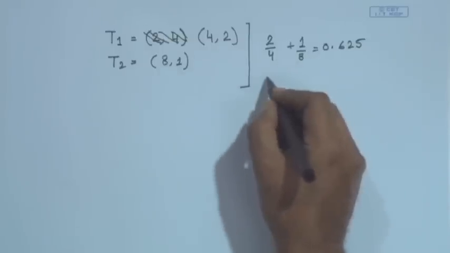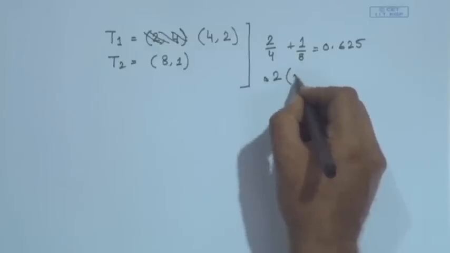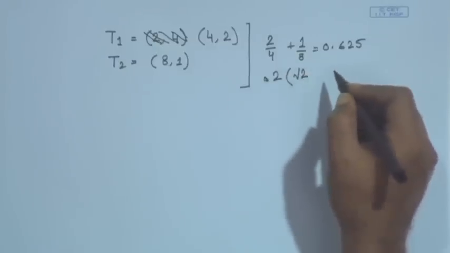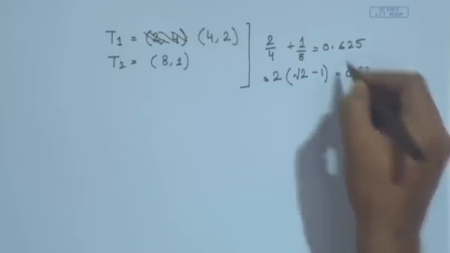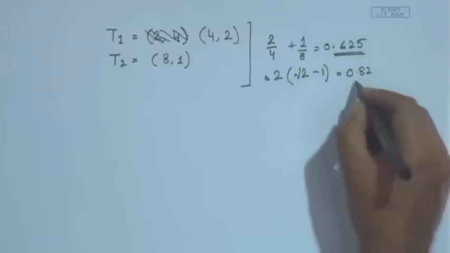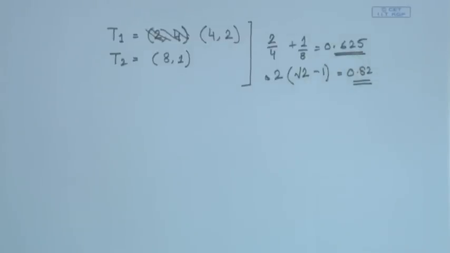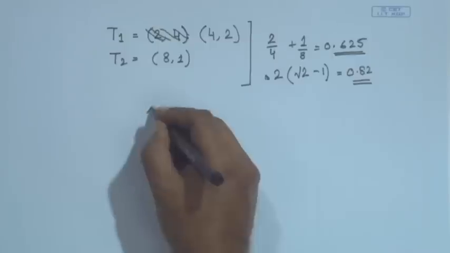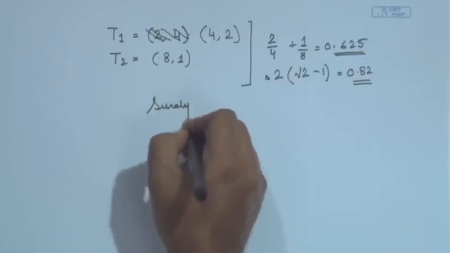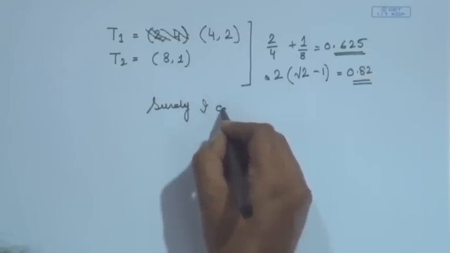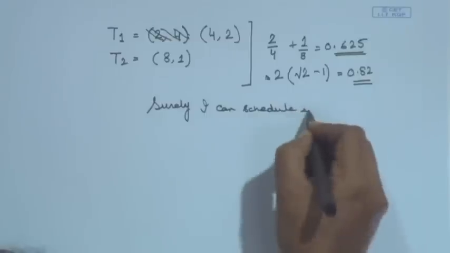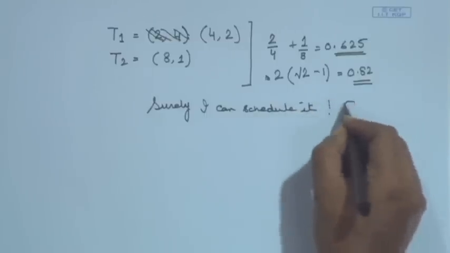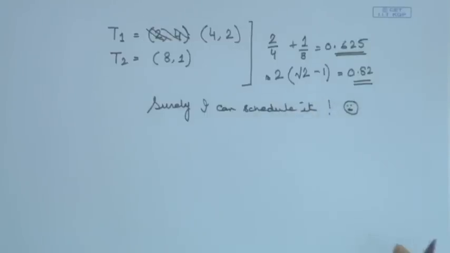Whereas, the other side will be 2 times root 2 to the power half minus 1, that will be 0.82. This is less. So, I am sure I will be able to schedule it. Okay. I can just say surely I can schedule it. All right.